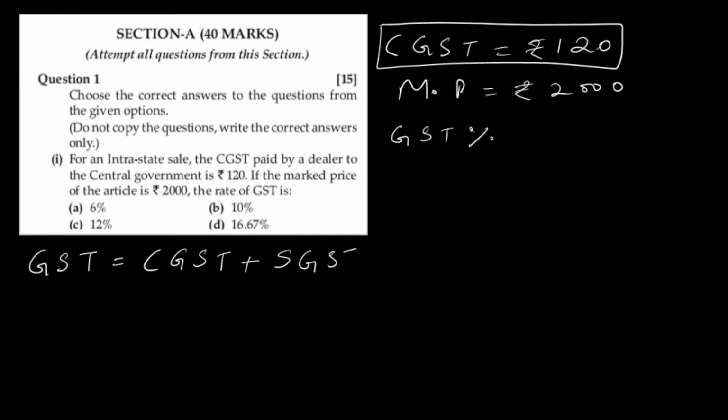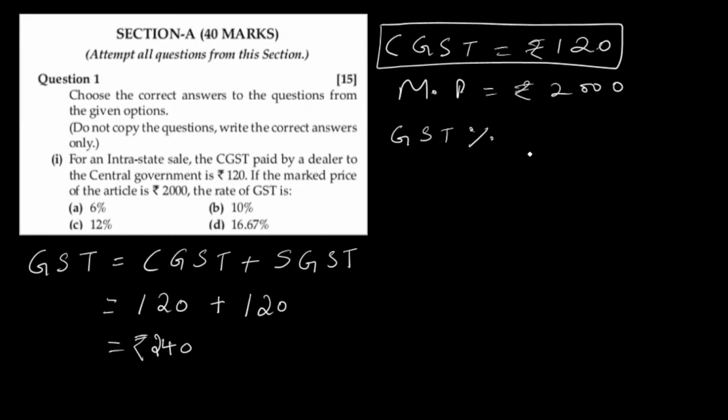I'm talking about total GST here. GST means CGST plus SGST. So CGST is 120. SGST is always equal to CGST, so SGST is also equal to 120. Total GST here we will get equal to 240.